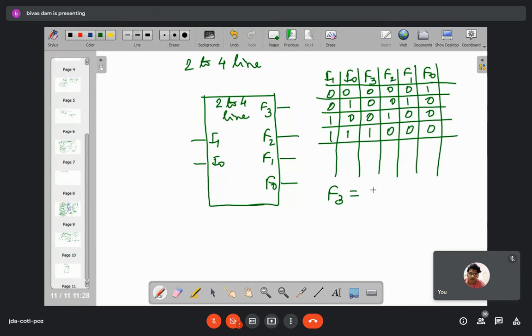I1 I0. Then I1 I0 bar, I1 bar I0, I1 bar I0 bar. Okay.